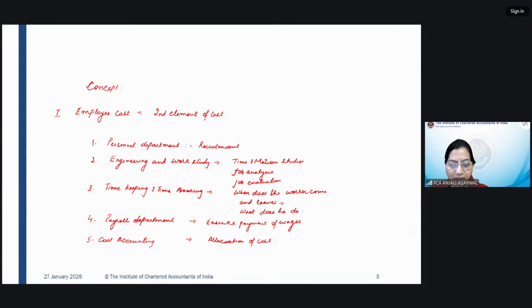So there will not be any rift. He will understand that obviously the worker who's on a higher evaluated job will be getting more salary or more rate per hour. So this ensures that there is no rift or demotivation amongst employees, that why is he being paid higher or lower.